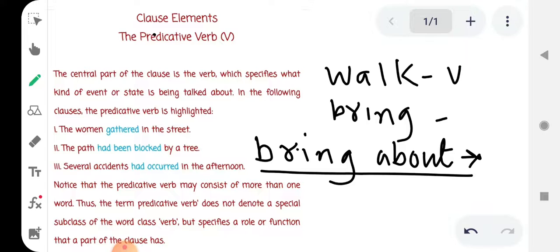It has a different meaning from the simple word bring. That's why we can notice here one thing, that the predicative verb may consist of more than one word.